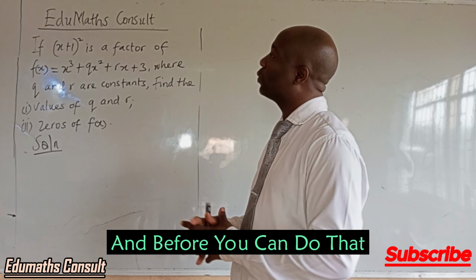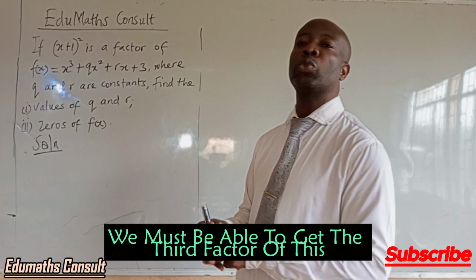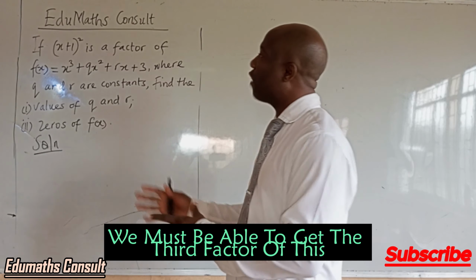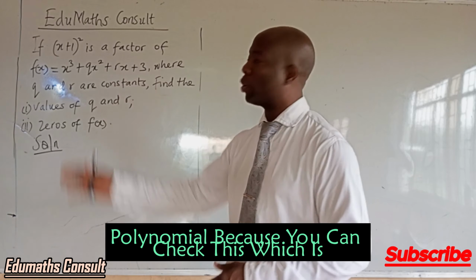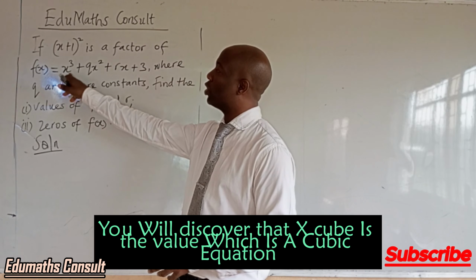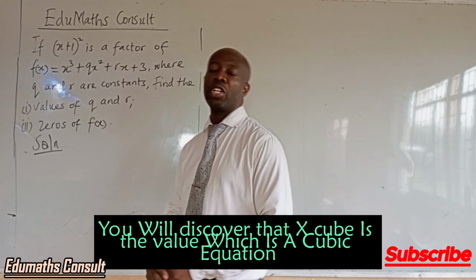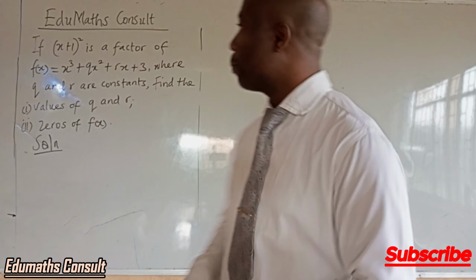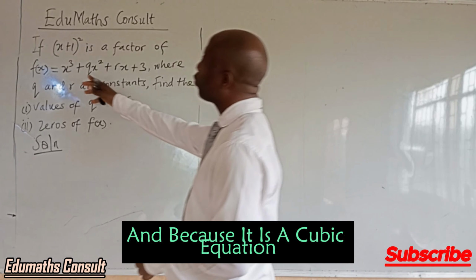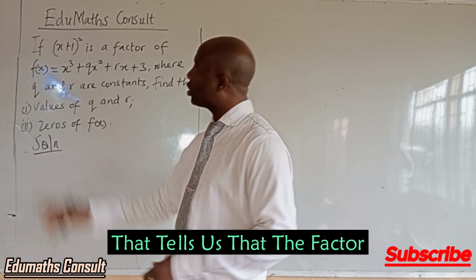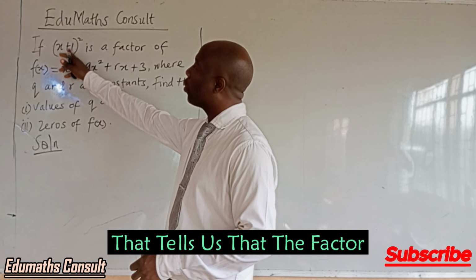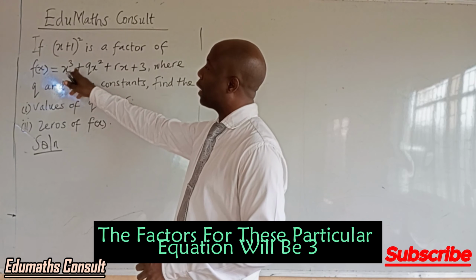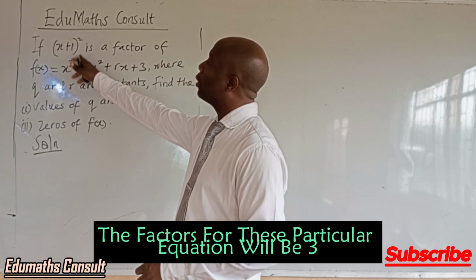Before you can do that, we must be able to guess the third factor of this polynomial. If you check, you will discover that x³ is the leading term, which makes it a cubic, and because it is a cubic, that tells us that the factors will be 3.